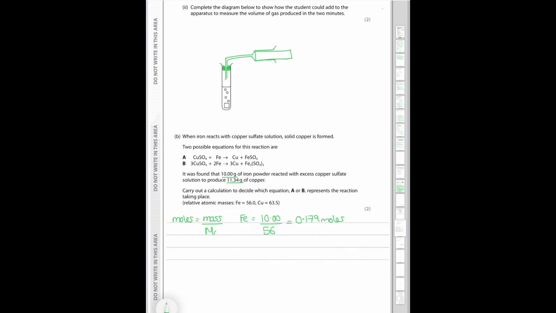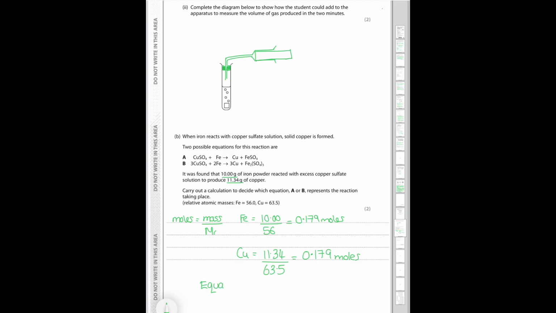And then if we do the same with the amount of copper that we've used, so copper, we have 11.34 grams and we divide that by 63.5, which is the molecular mass, that also comes out at 0.179 moles. So we're looking at a ratio of 1 mole of iron reacting with 1 mole of copper. And the correct equation for that to happen is going to be equation A.